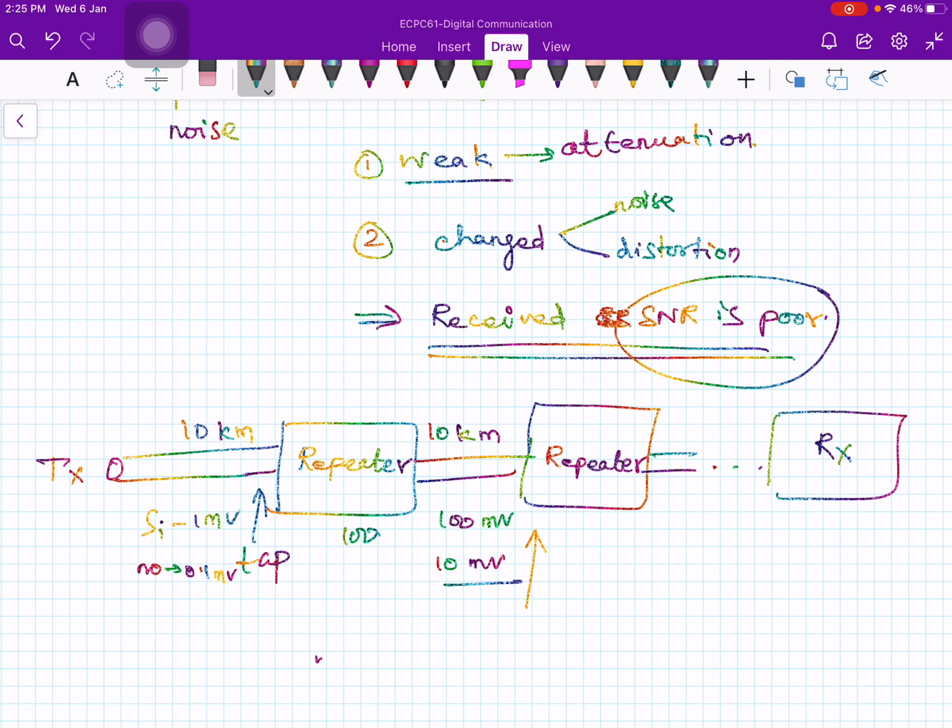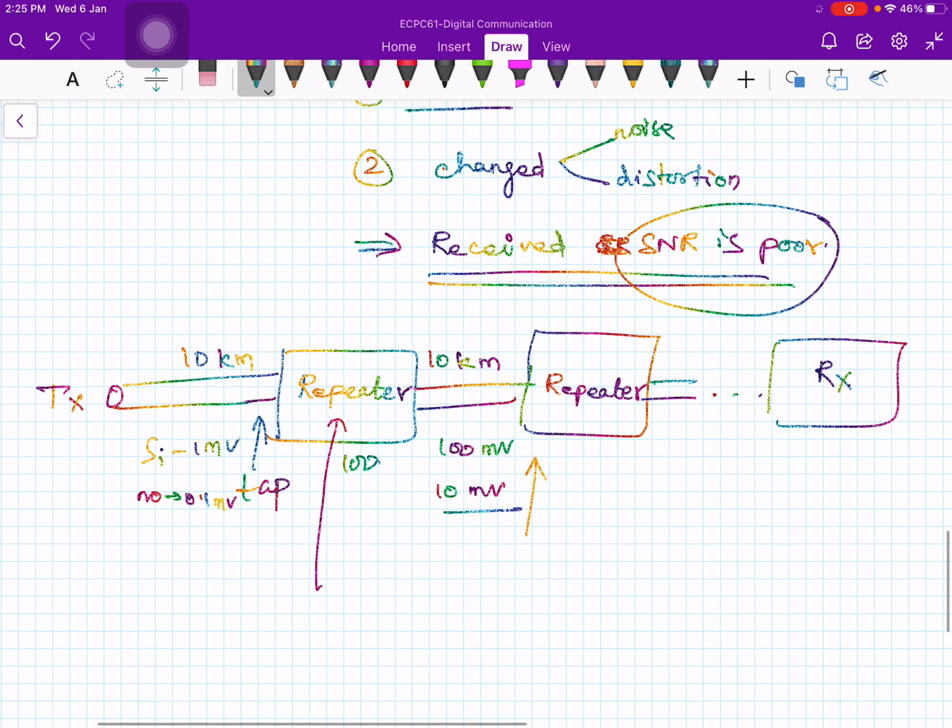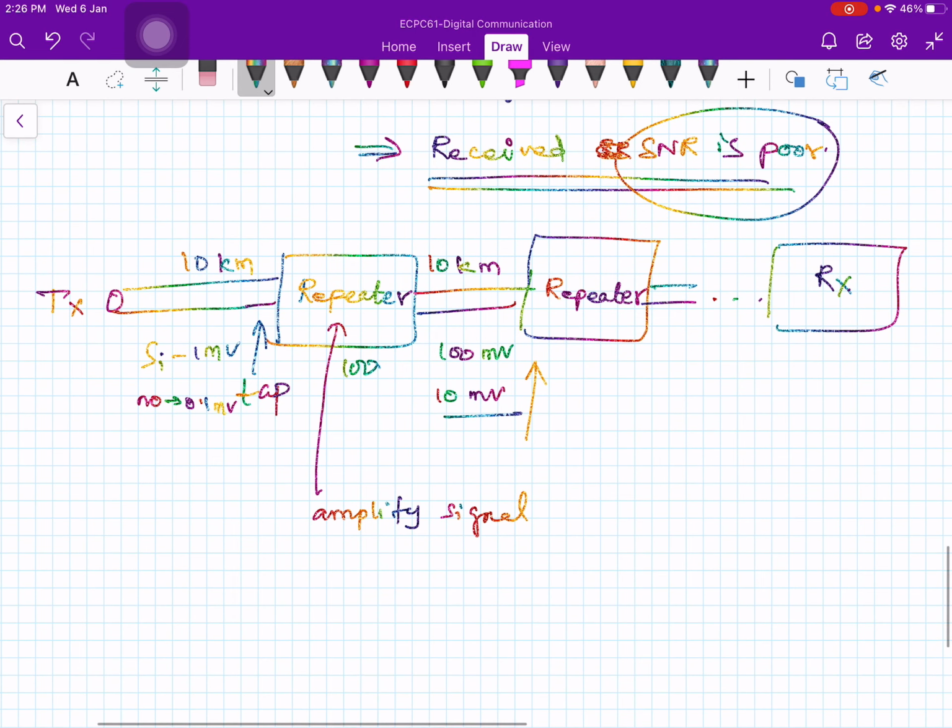At the point of repeater regeneration, what is called regenerative repetition, not only are you able to amplify the signal, but also you are able to take away noise and distortion. So this type of function is done by your repeater.